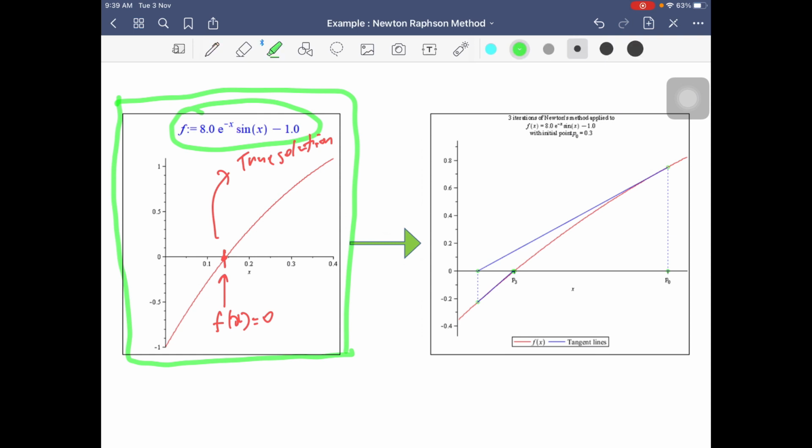And then this is what we did by using Newton's method, by using 3 iterations. So this is our P3, where P3 is very close to our true value here. Okay, so this is what you did by using your calculation in Newton's method.